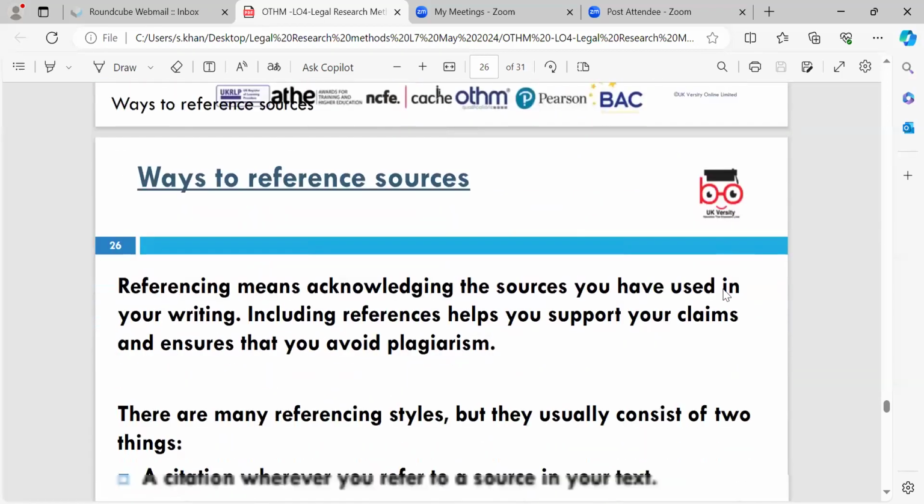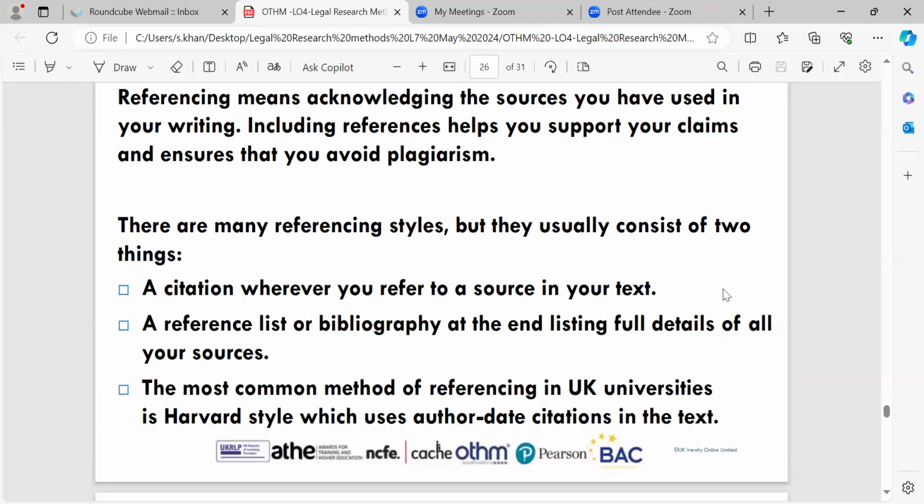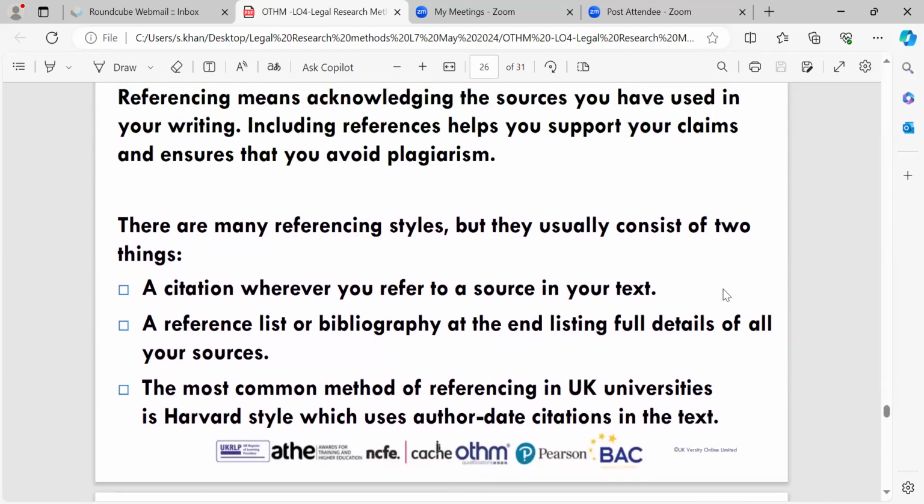So, ways to reference. Referencing means acknowledging the sources you have used in your writing. Including references helps you support your claims and ensures that you avoid plagiarism. The system that we use in the UK, and in most institutions, is Harvard referencing, and that is used in UK universities as well.